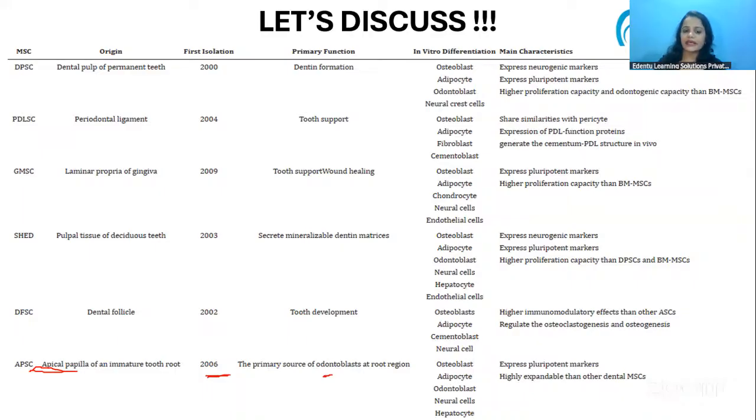It can also form adipocytes, or the fat cells. Then odontoblasts can be formed from these cells, and neural cells, so nerve regeneration can be done with the help of these cells, and also hepatocytes, the liver cells. So it can contribute to liver regeneration techniques also, just from cells isolated near the root of the tooth.